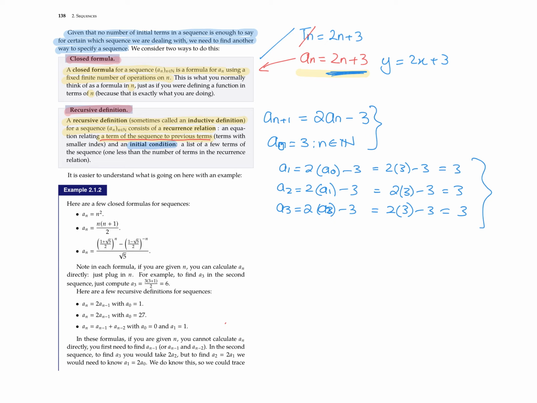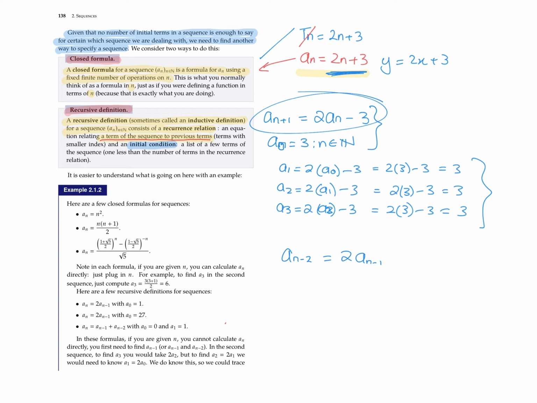So if I go for any term in the sequence, I need to know the preceding terms. In this one we don't, because it works out to be a constant sequence. But in others that we're going to work with, we're going to see. So how do I get to A(n-2), for instance? Well, according to the rule, it is the previous term, which is A(n-1).